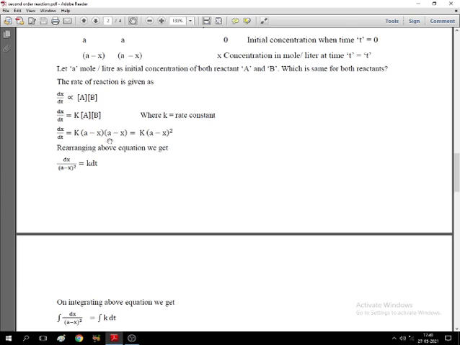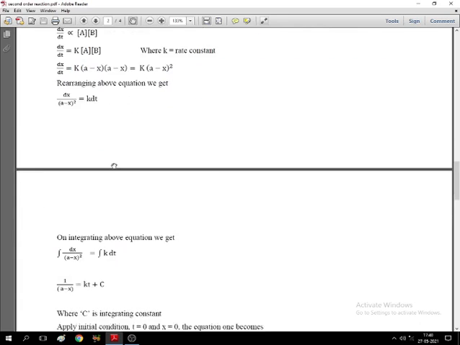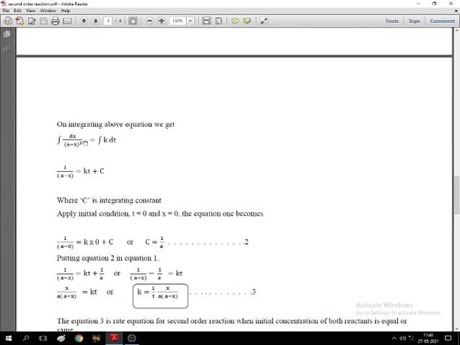Now, if we rearrange this equation, we will get dx upon (A minus X) square is equal to K dt. On integrating the above equation, we get integration dx upon (A minus X) square is equal to integration K dt.